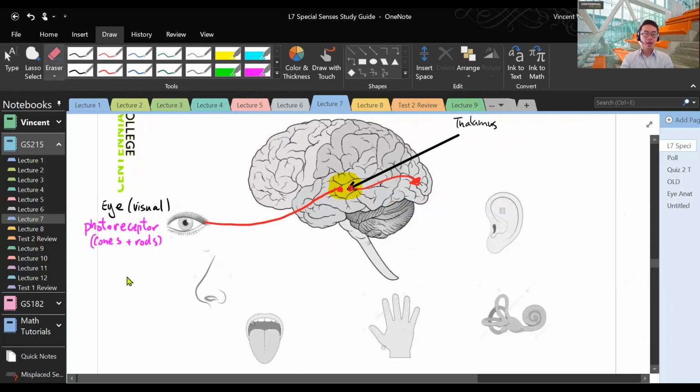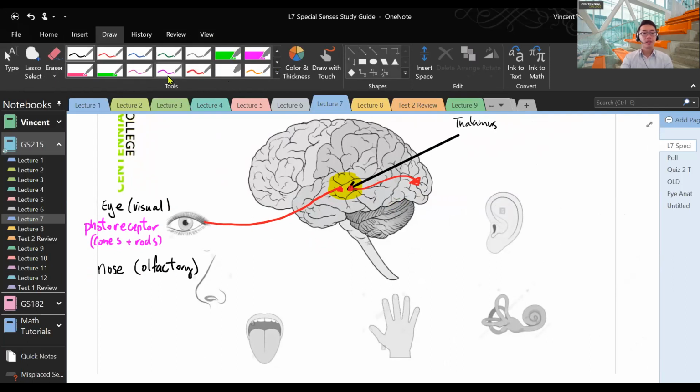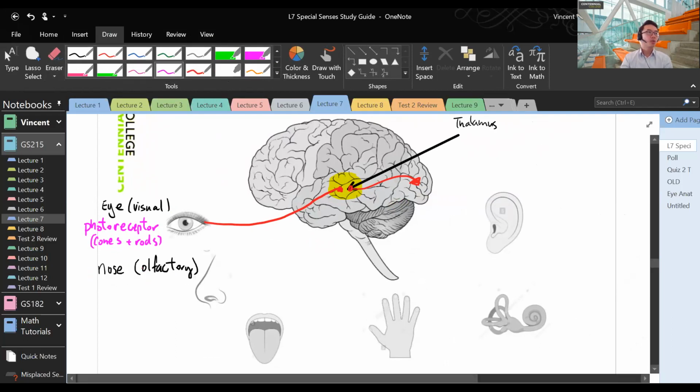All right, next we've got the nose. And nose is for smell. Fancy word for smell is olfactory. What kind of receptors do we have in the nose? Scent is basically detecting chemicals in the air, so we would need to have a chemoreceptor.